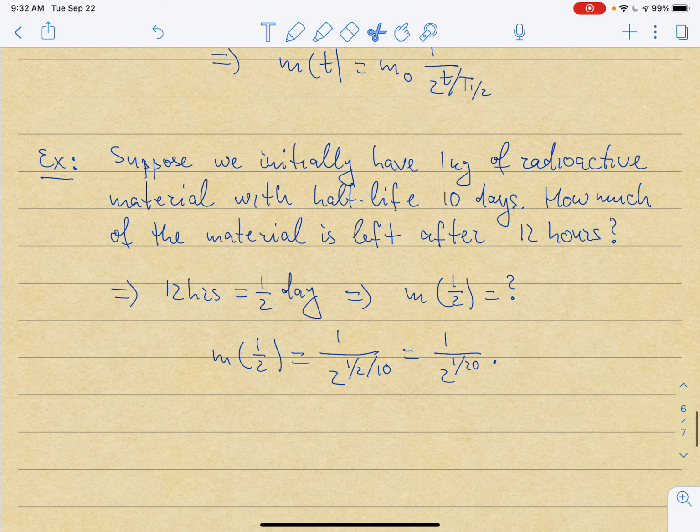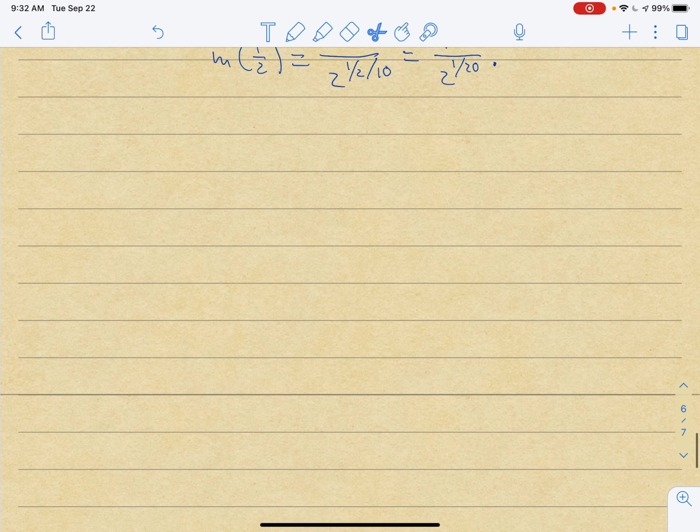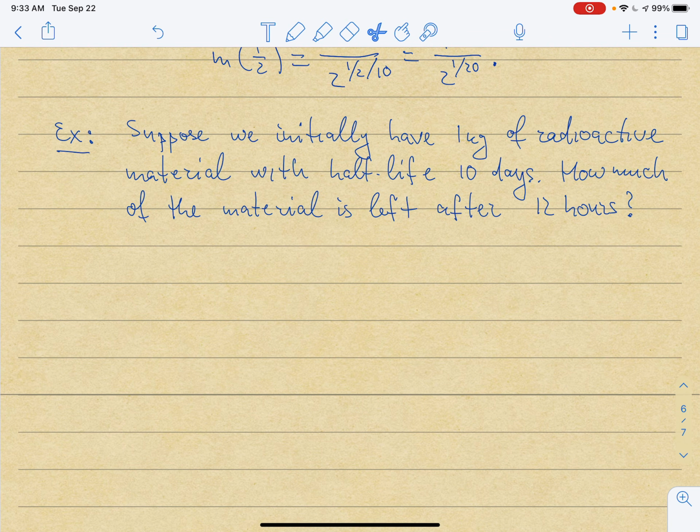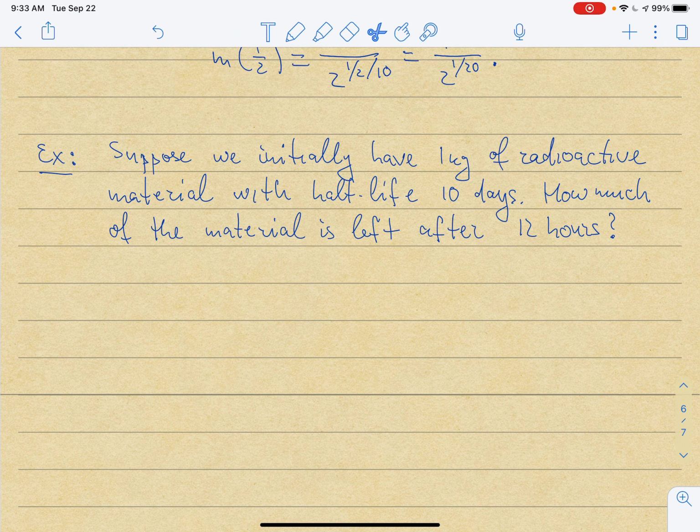Let's try a slightly different version of this. So suppose that we initially still have 1 kilogram of radioactive material, but I don't know now what the half-life is. But instead, I know the following.